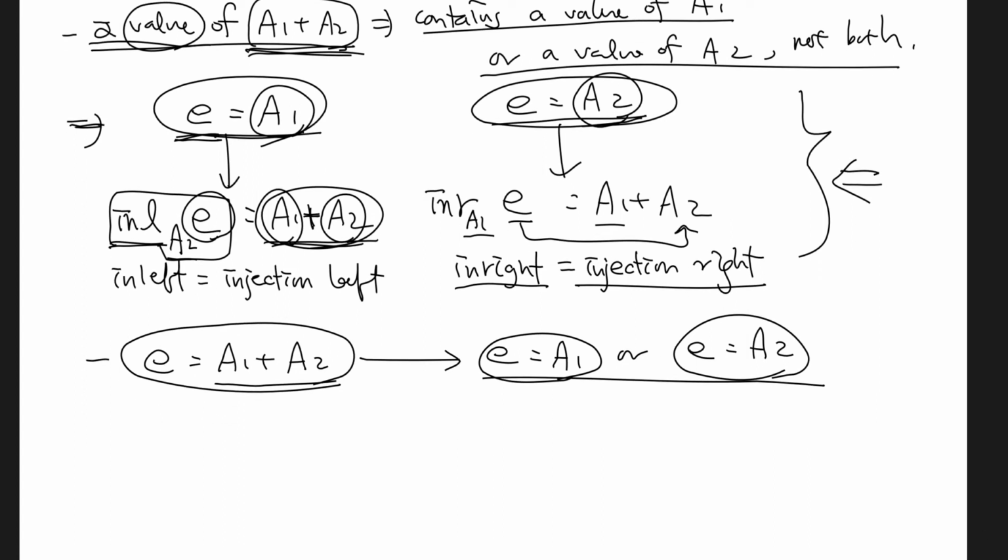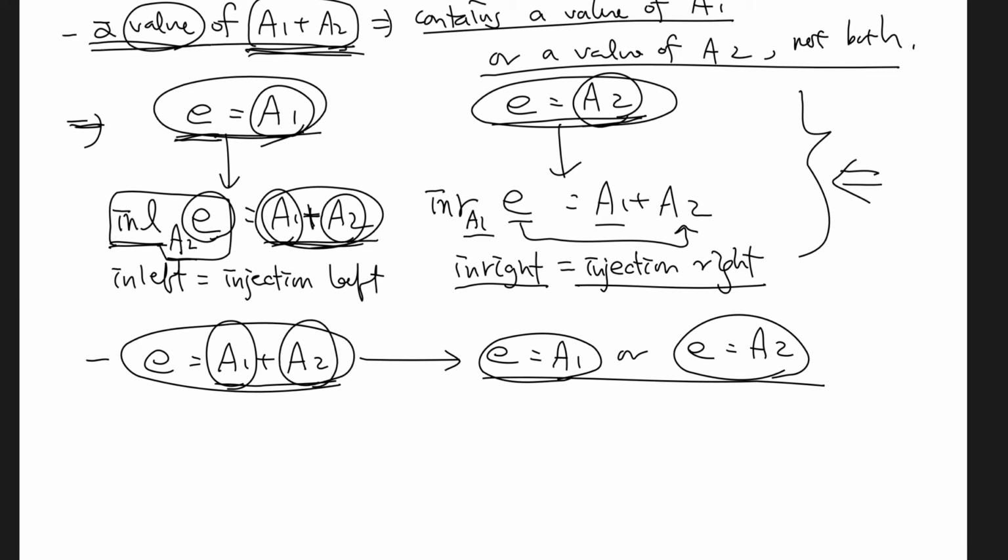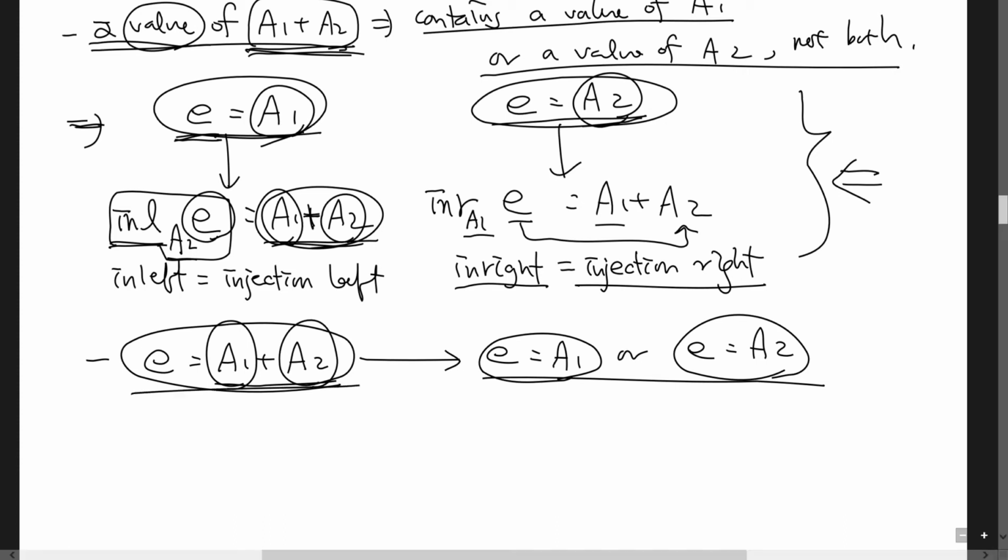The first possibility where a value of type A1 has been used, and the other possibility where a value of type A2 has been used. We have to provide for these two different possibilities, which means that in order to extract a value from this expression E, we have to perform case analysis.